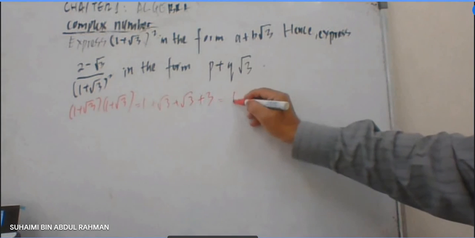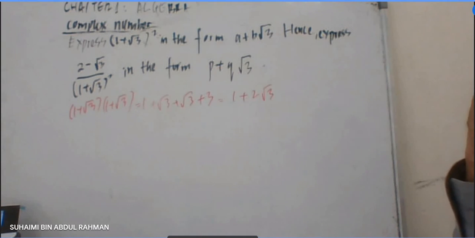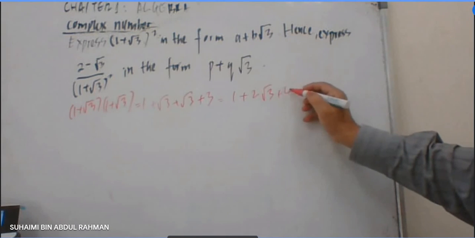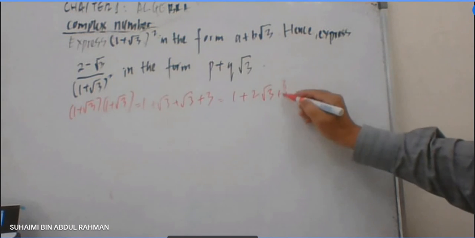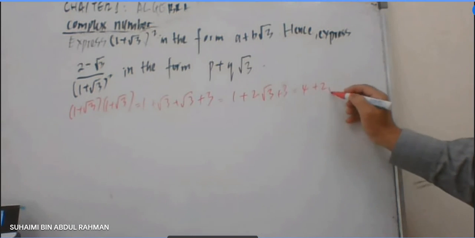So what we have is 1 plus 2 square root of 3 plus 3, or we can say 4 plus 2 square root of 3.